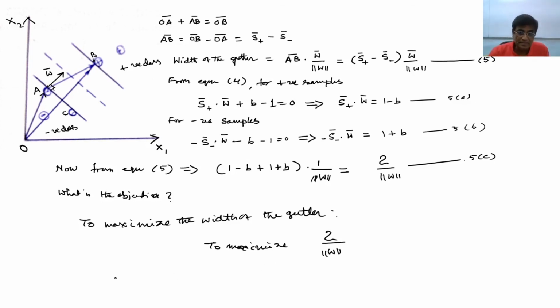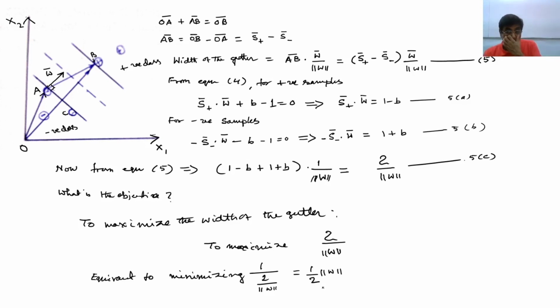Now, this is again mathematical convenience. Maximizing this term is equivalent to minimizing half the magnitude of W, which for mathematical convenience is again equivalent to minimizing half W square.